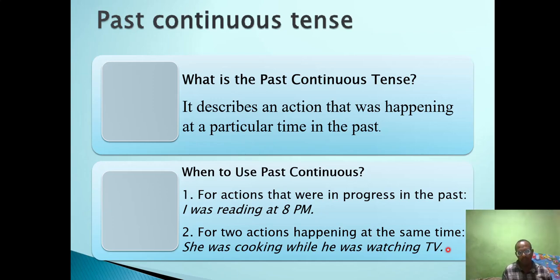So two activities by two different subjects in the past can be expressed using past continuous tense.